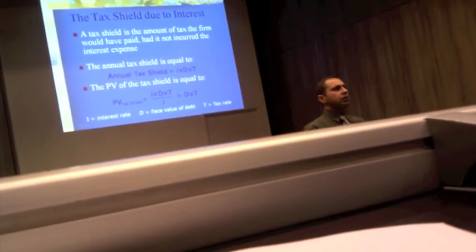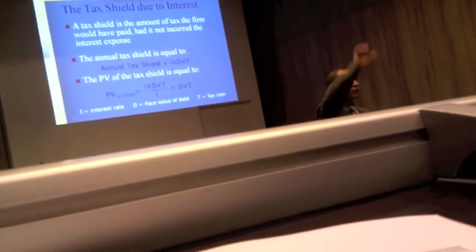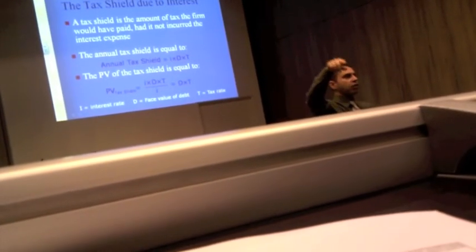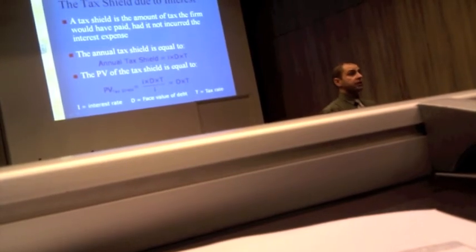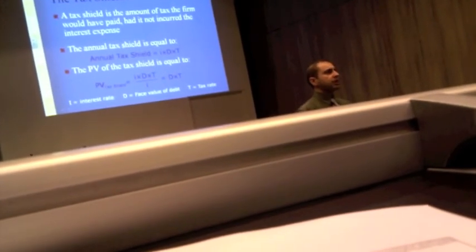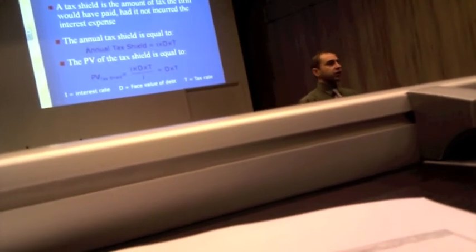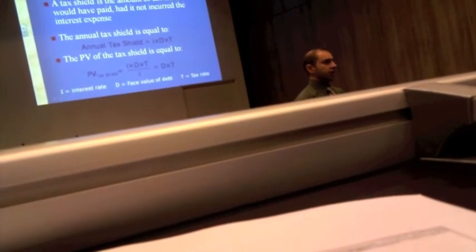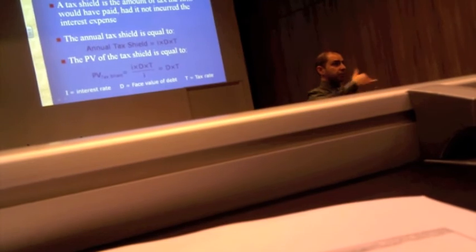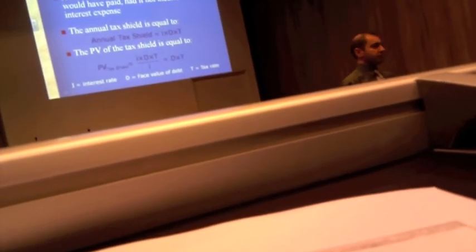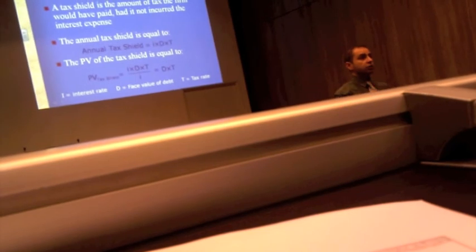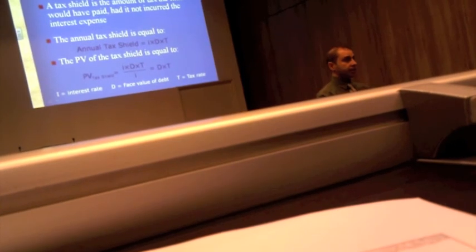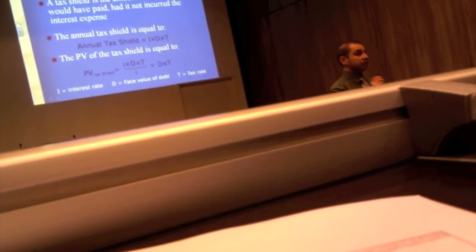As you know, it is the cash flow over 1 plus i, the discount rate, to the power of the time period. Yes, that is the present value formula. But in our case here, we regard this cash flow, this tax shield, as a perpetuity, going to infinity. And what is the present value of a perpetuity? Cash flow over the discount rate only. That is why we divide that numerator by the discount rate only, by the interest rate only.